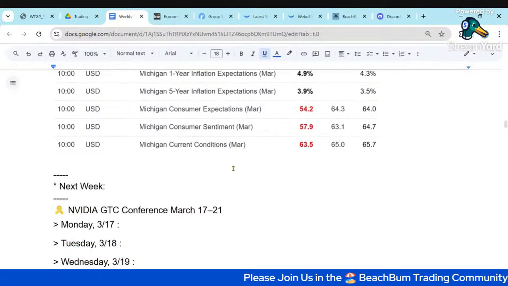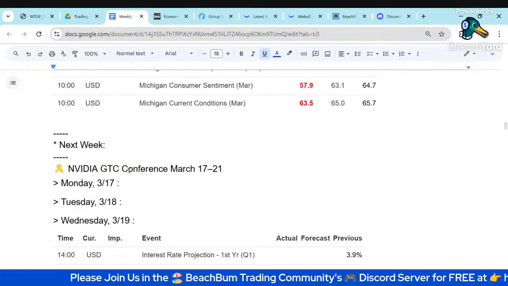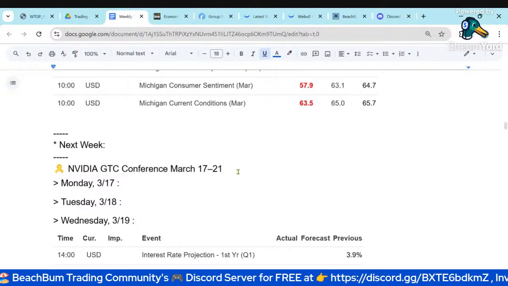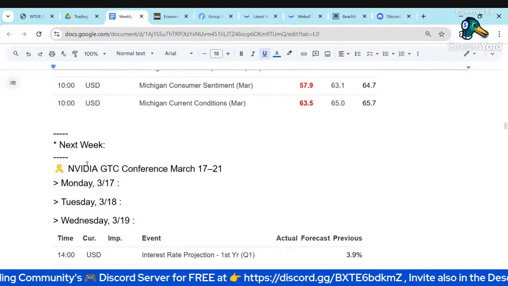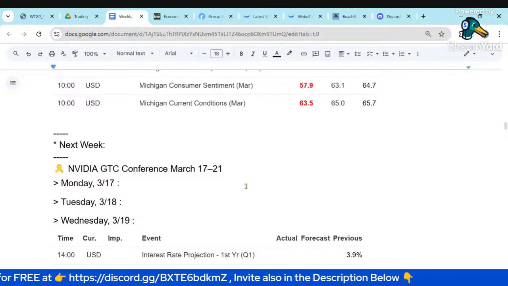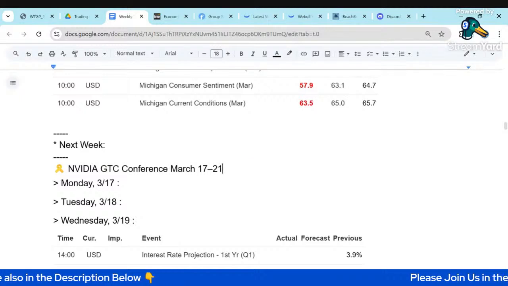Very quickly, next week we've got the NVIDIA GTC conference all week. So expect some pumps in the AI stocks, semiconductors, NVIDIA, etc. Whenever Jensen Huang's keynote address is, or any other news, they have a tendency to announce partnerships and pump other stocks.